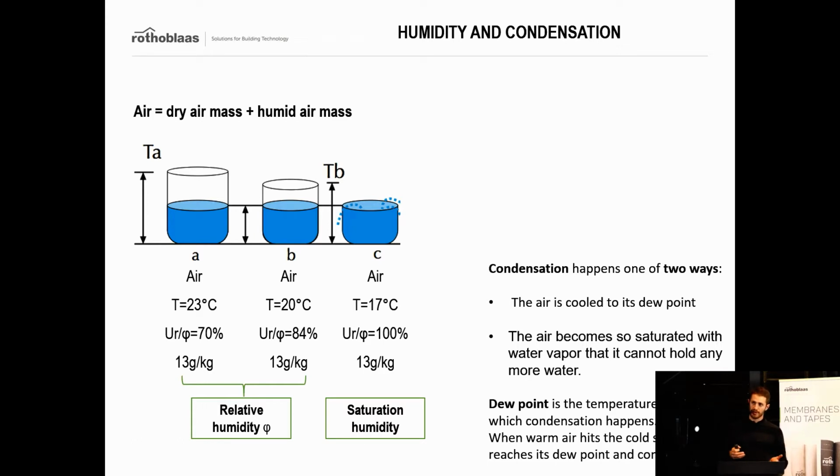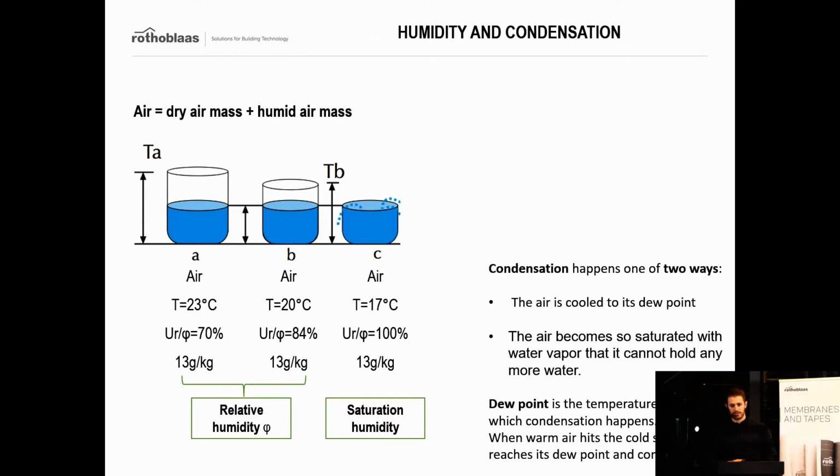So when we are cooling down the same amount of air, as we see in the image here, with the same amount of vapor inside, we can see that while we are cooling it down, we are reaching the saturation. And when we reach that saturation point, all the water molecules contained in the air have to escape from it.